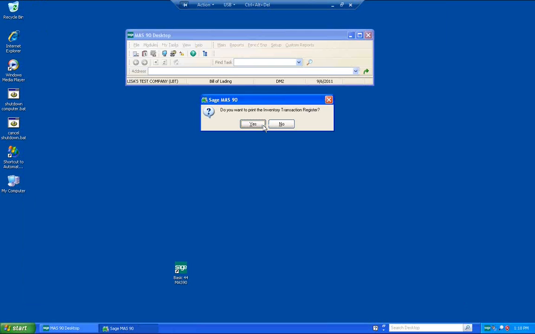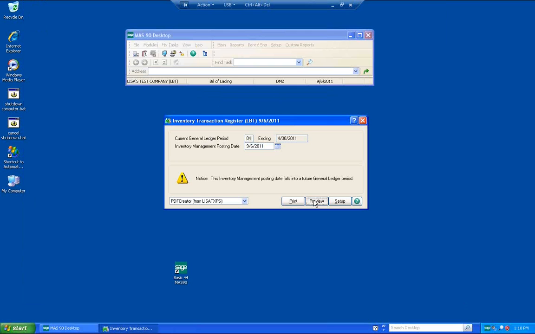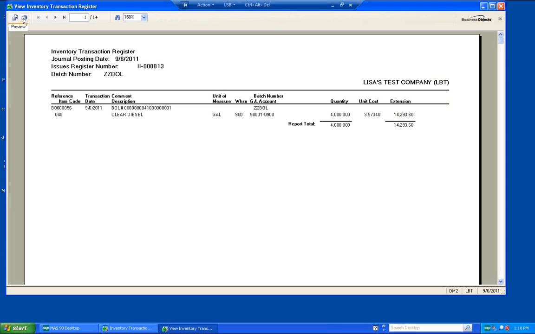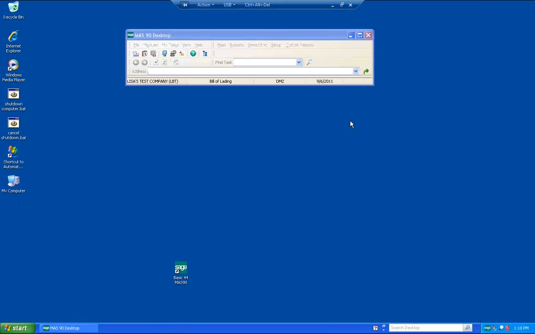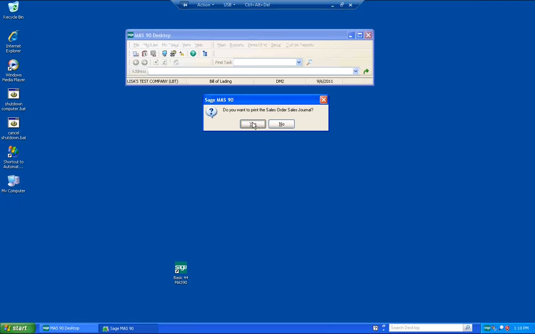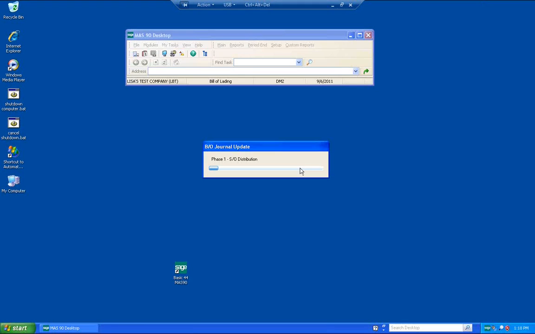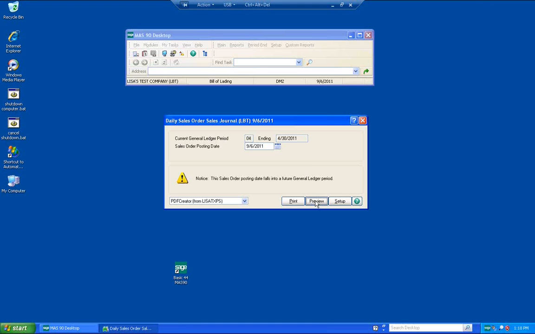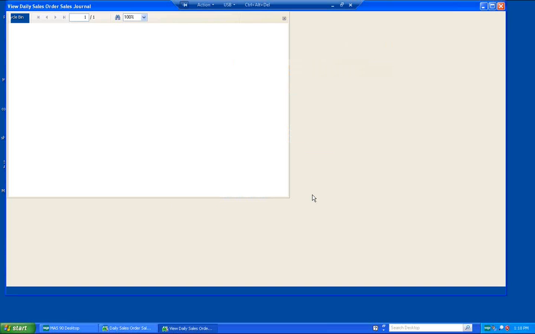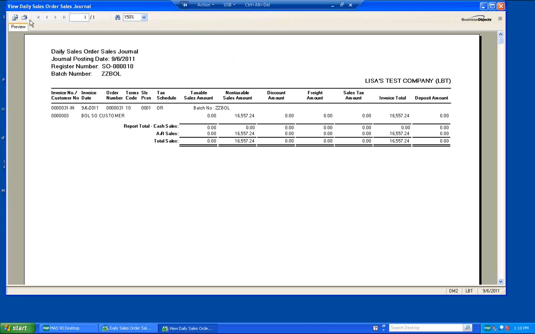He's printing all his journals again. In case you're wondering, what I'm doing is I'm printing these to a PDF printer so that I can, if we need to, go back and refer to them later on the screen. Here's my sales journal. I've got a higher amount now.